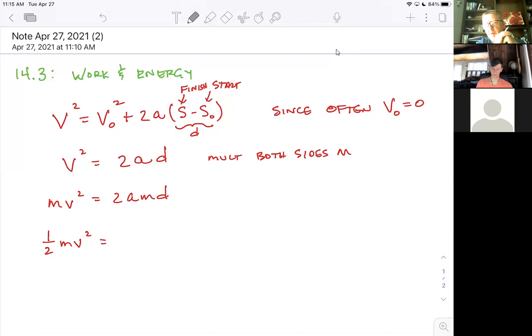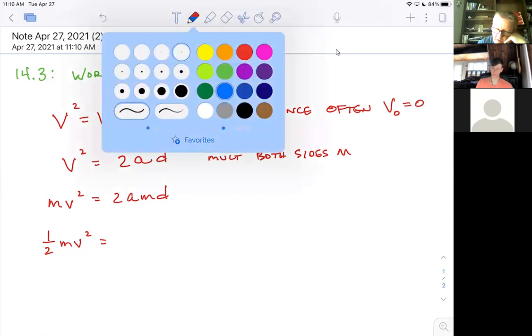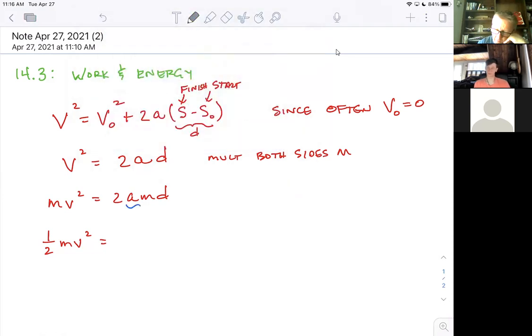I don't mean that you remember it so much, but do you remember seeing that in physics? And then lastly, what have we been calling this all term right here?